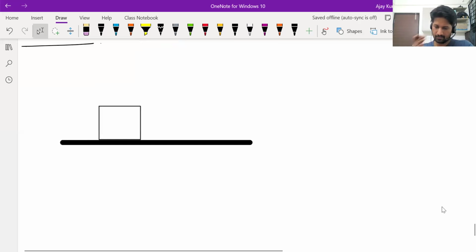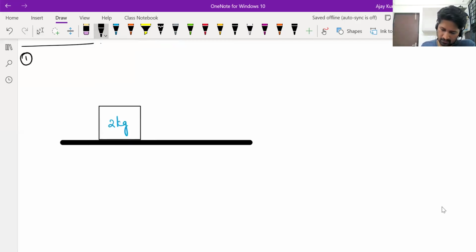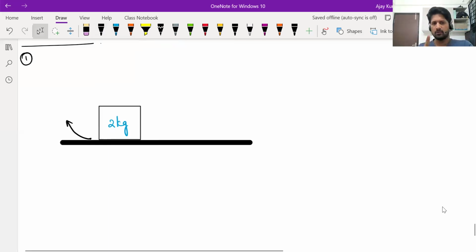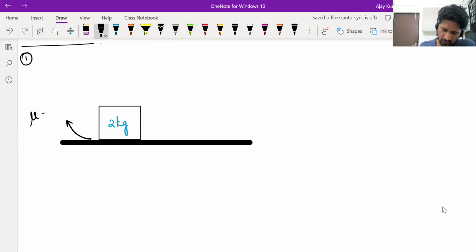Mu k into N. Okay. Let's say this is a 2 kg block lying on a rough surface. When only one coefficient of friction is given, use the same for static friction and kinetic friction. Let's say the coefficient of friction is 0.4.